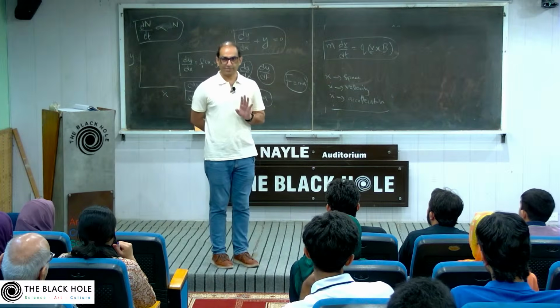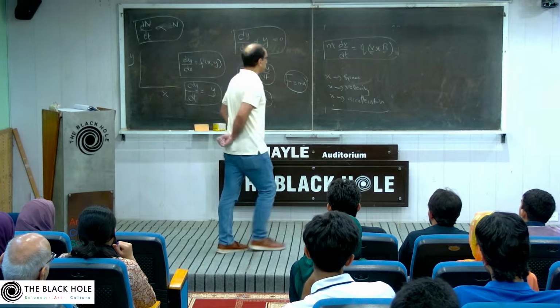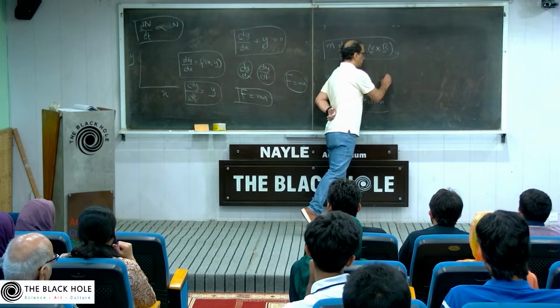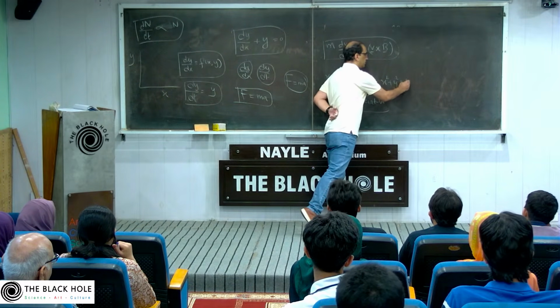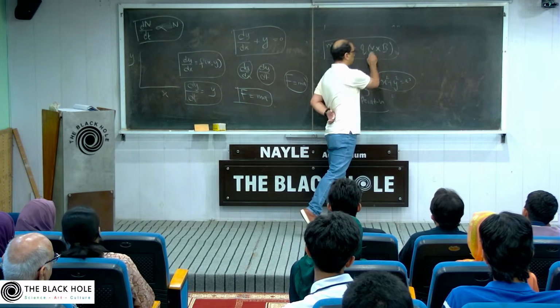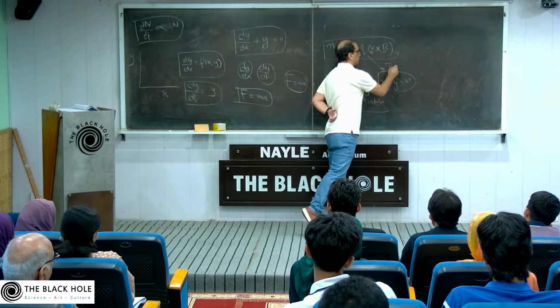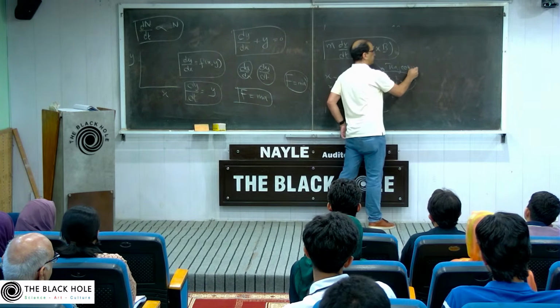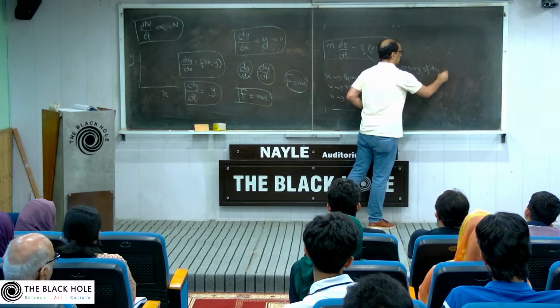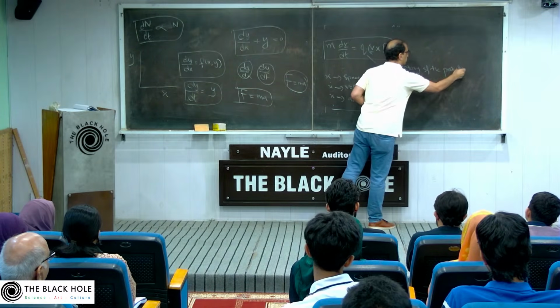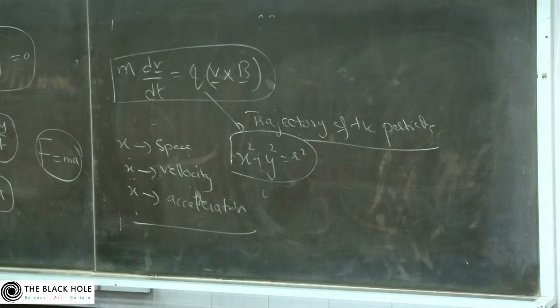All that I'm trying to say is, essentially what you get is this thing. This thing gives you the trajectory of the particle. That is your fundamental goal once you are through with everything.